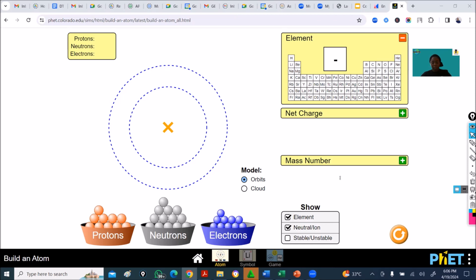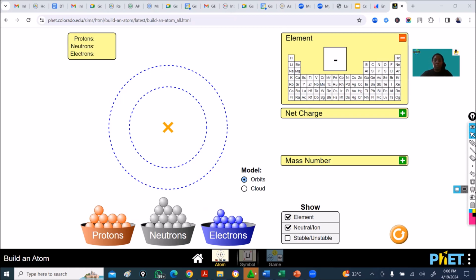So after clicking on play, I saw build an atom symbol and game. You click build an atom. So that is where we are. So click on it. Okay, if you see from the screen, you have atom symbol game. So we're in atom, so enter atom, that's the simulation we are studying. Okay, and play around with it.